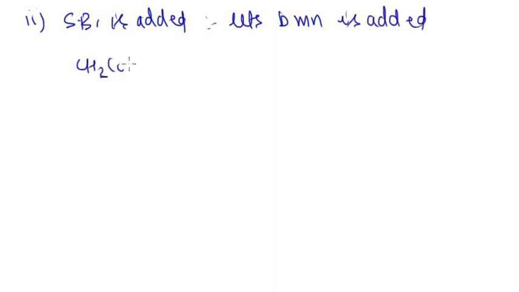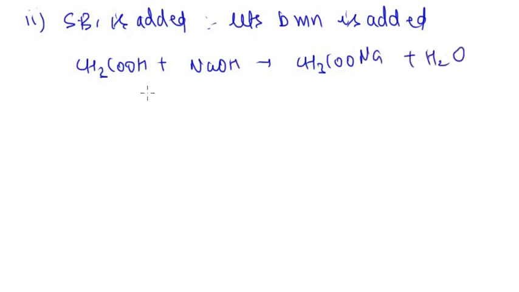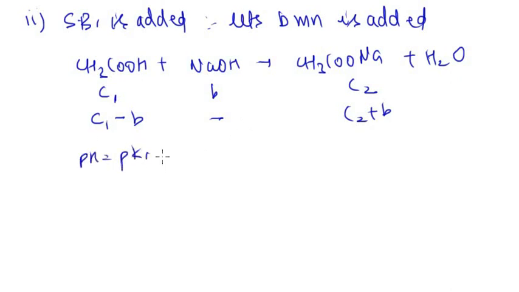So it is CH3COOH plus NaOH, forming CH3COONa plus H2O. It is C1, it is C2, and it is B. So it will form C1 minus B, and it will form C2 plus B. Now base will react with the acid. So again the pH will increase. pH equals pKa plus log of (C2 plus B) upon (C1 minus B). So pH of the solution will increase.